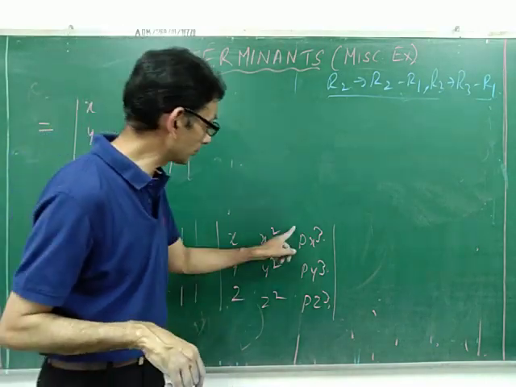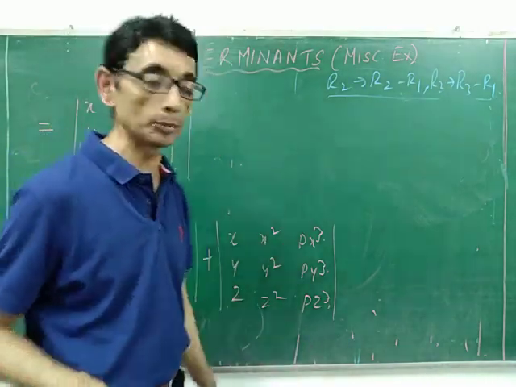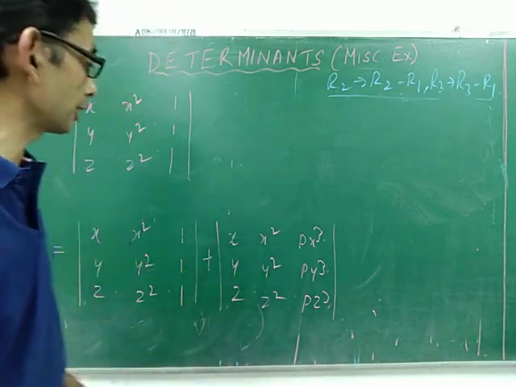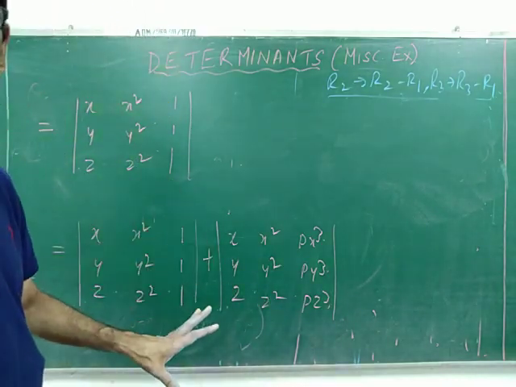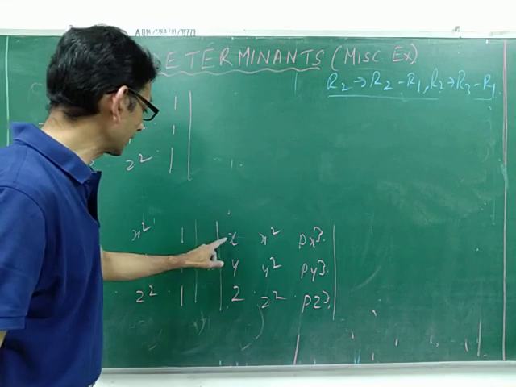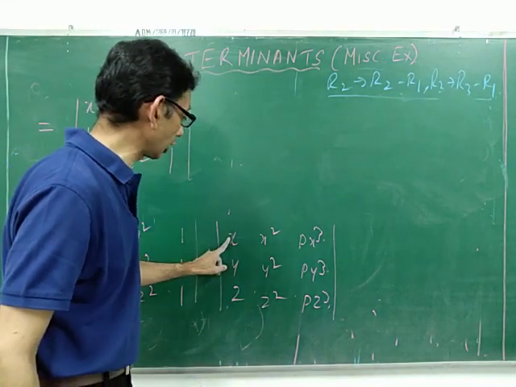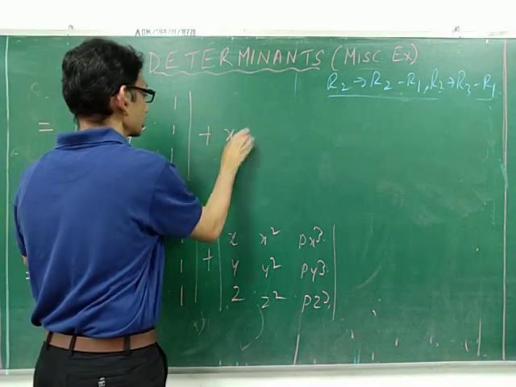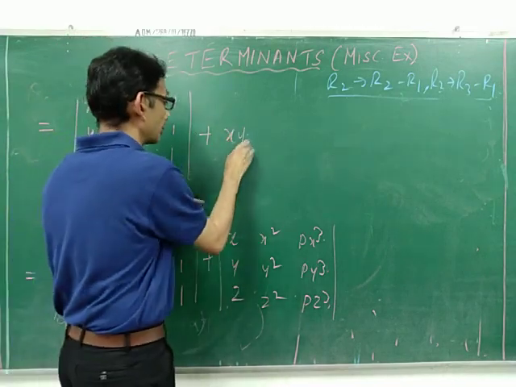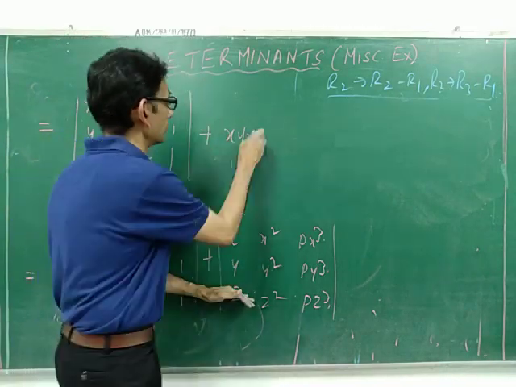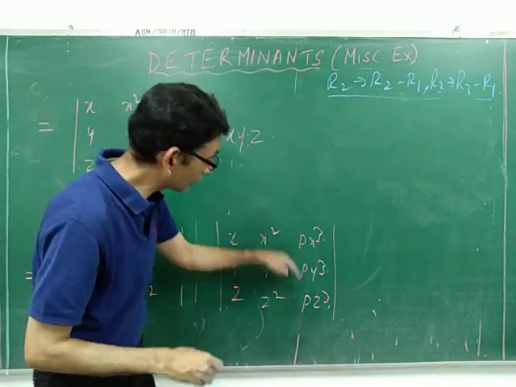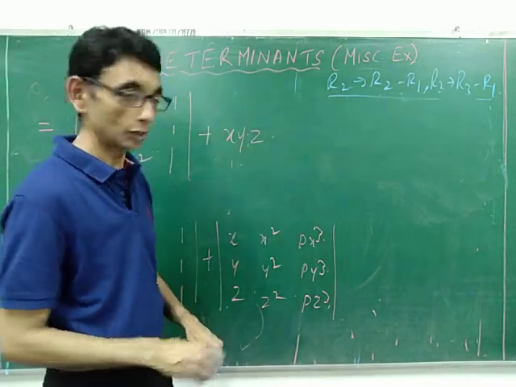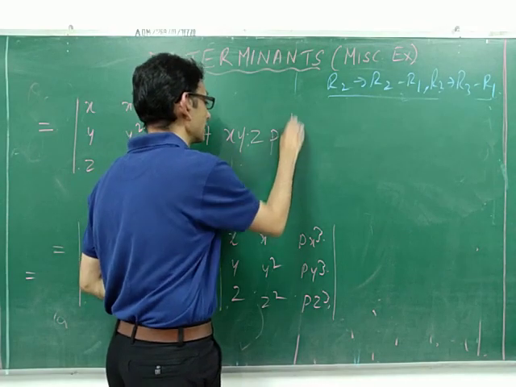And apart from this, what is common in the third column? It's p common. So many things can be taken common from the second determinant. You can take x common from the first row, y common from the second row, z common from the third row, p common from the third column. So it's x, y, z, p.